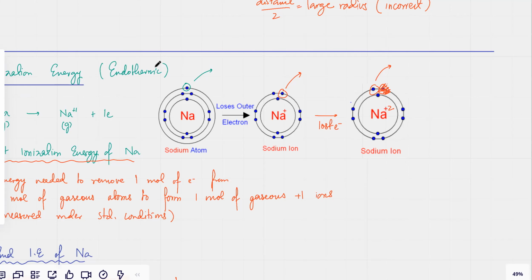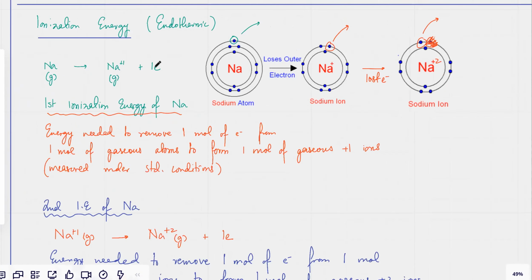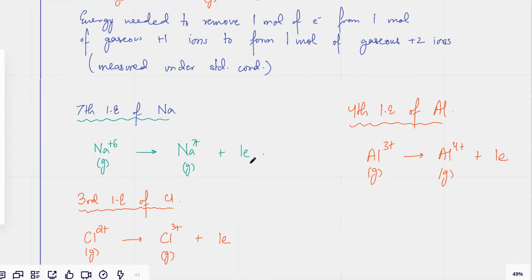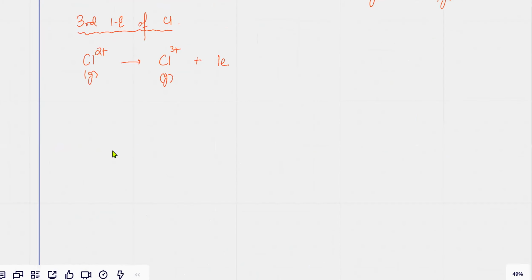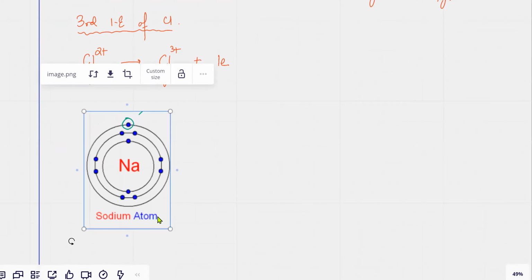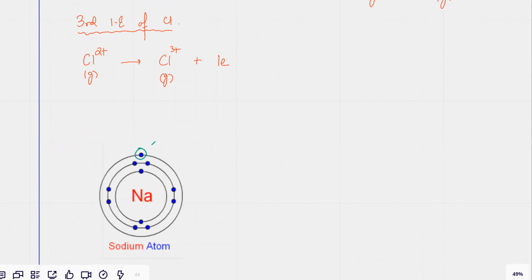Now, what factors would this depend on? For example, if I look at sodium over here, here's my sodium atom. So what factors would affect the ionization energy? Would it be really hard to remove electrons? Would it be easy to remove electrons?